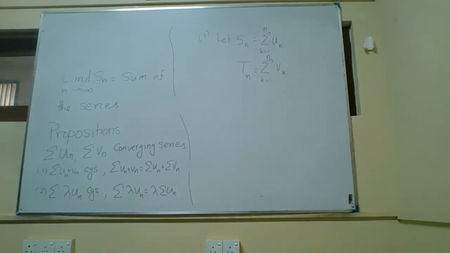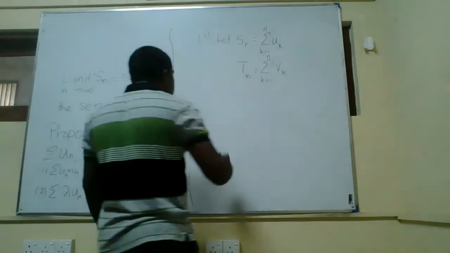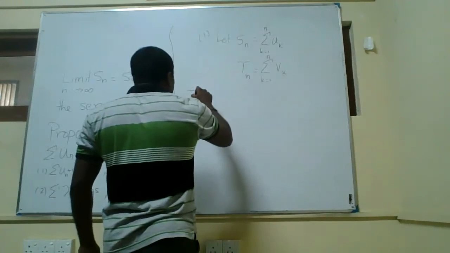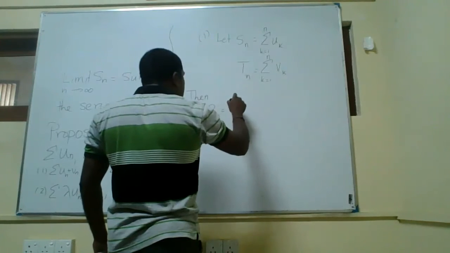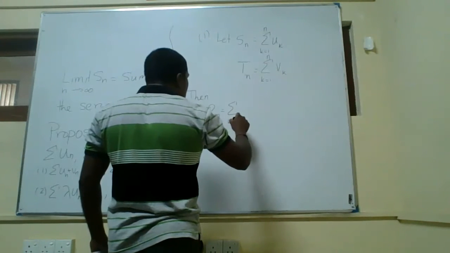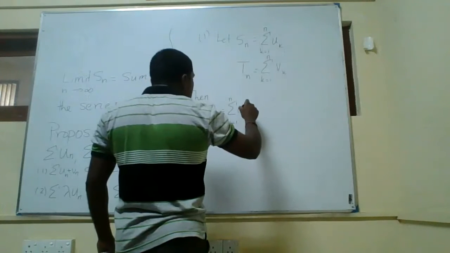Then we can define the partial sum of un plus vn.